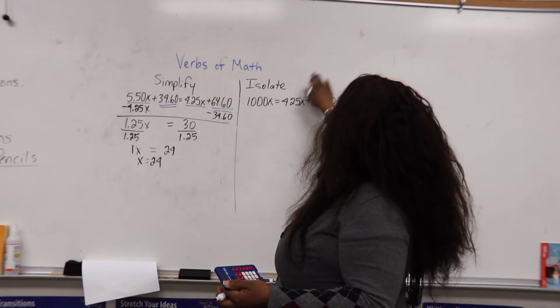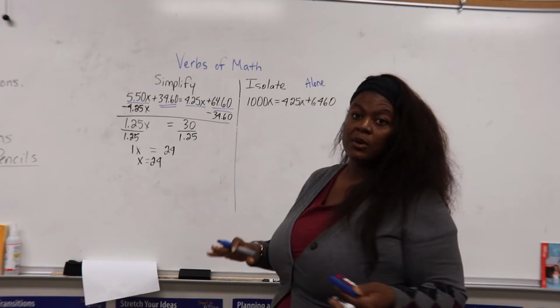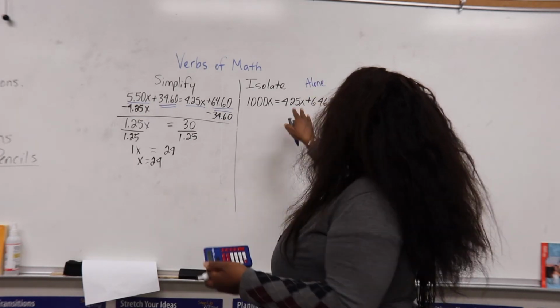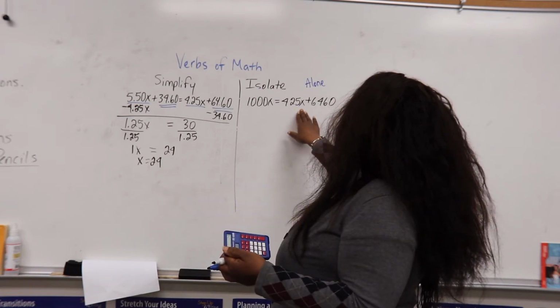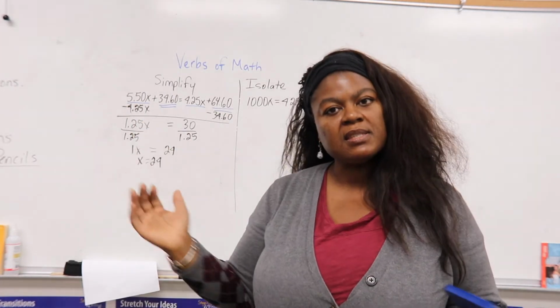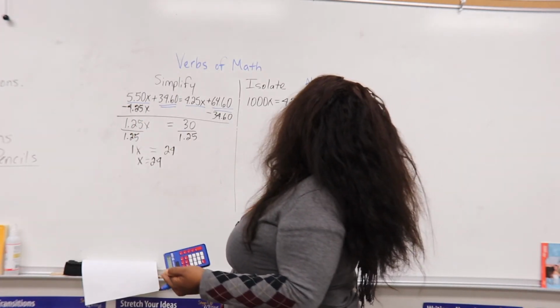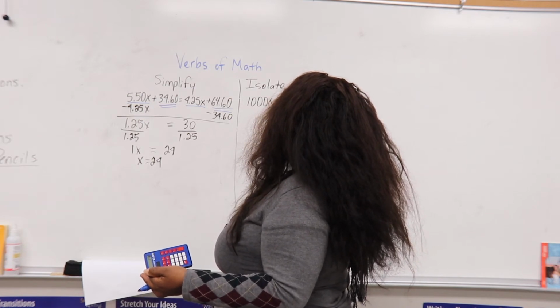If you're in isolation, you're alone. You're by yourself, okay? So this 1000x and the 425x, they're the same, so we can combine them. We can simplify them. Let's go ahead and move the 425.